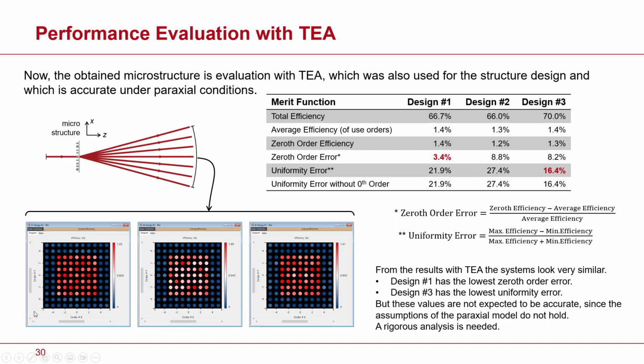The abscissa and the ordinate correspond to the order index. So the central point here is the 0 order, and the color gives us the information about the efficiency of that order, with 100% efficiency being the total that is put into the system by the incident beam.